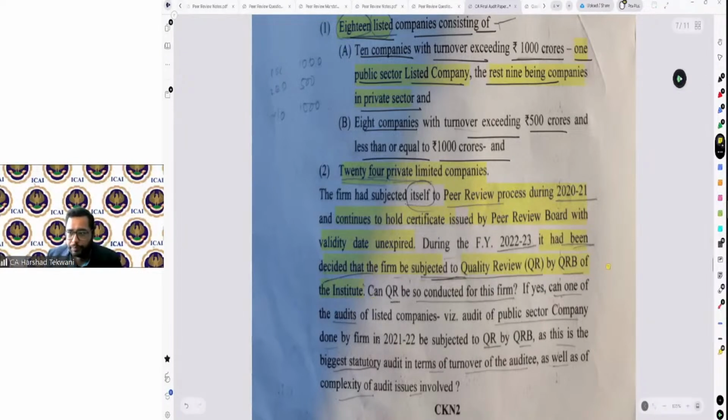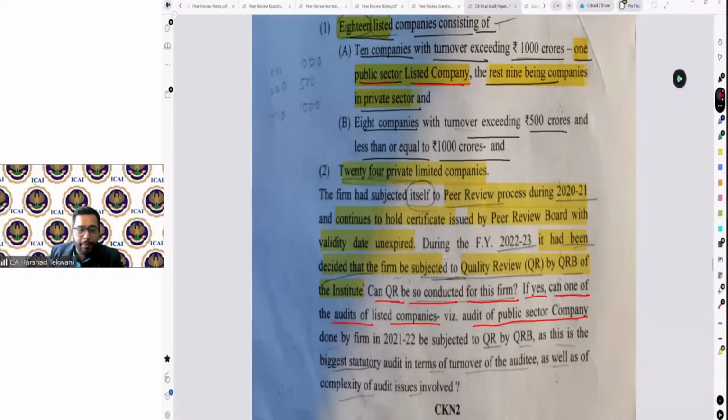Now, first question: can quality review be so conducted for this firm? If yes, can the audit of the public sector listed company done by the firm be subject to the QR by QRB?